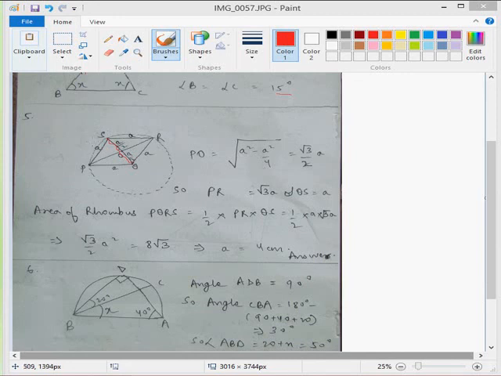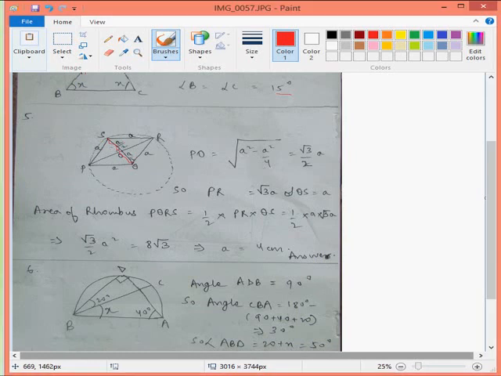Now look at triangle SPO. In triangle SPO, you can see that this angle O is 90 degrees. So PO square plus SO square is equal to SP square.